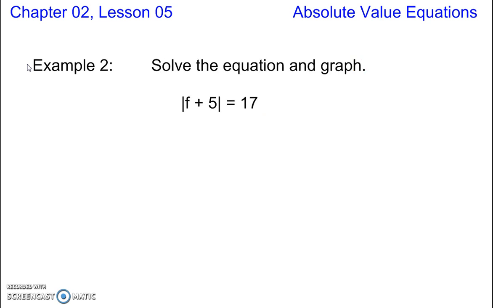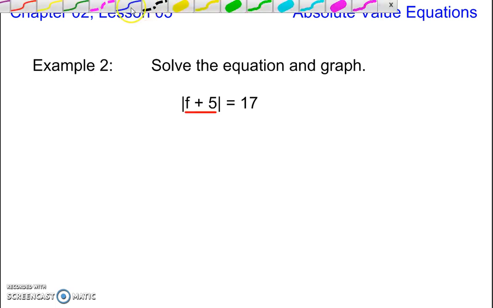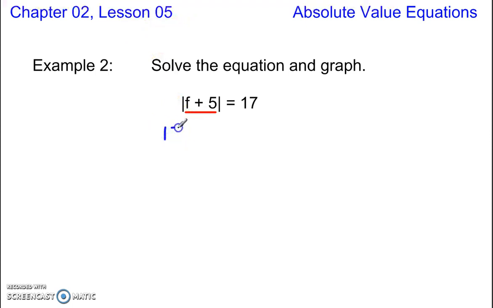If you have an equation, however, remember this expression right here can come out to be positive 17 inside there, because the absolute value of positive 17 is 17, and the absolute value of negative 17 is also 17.